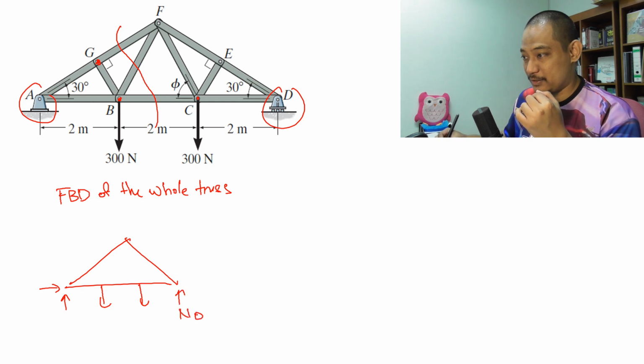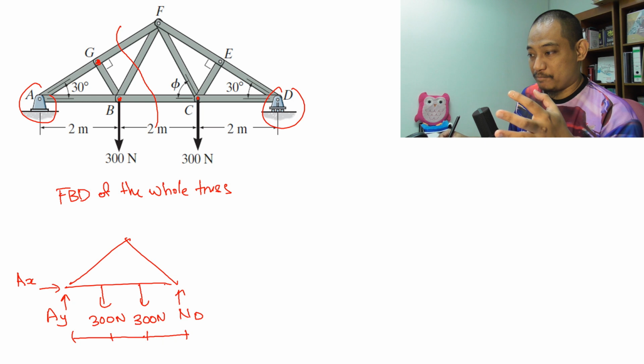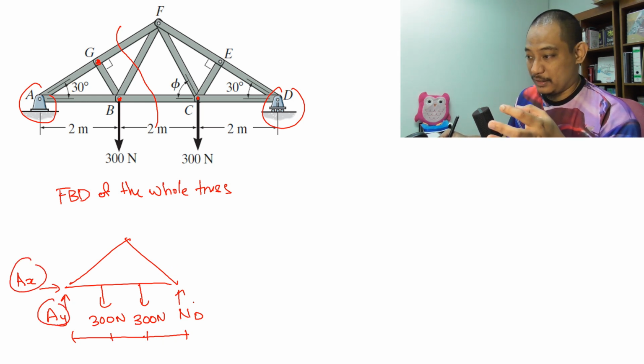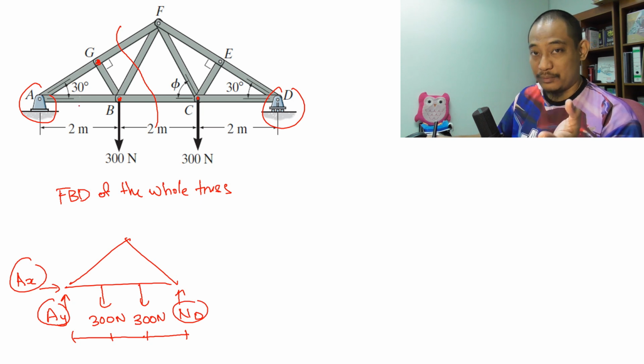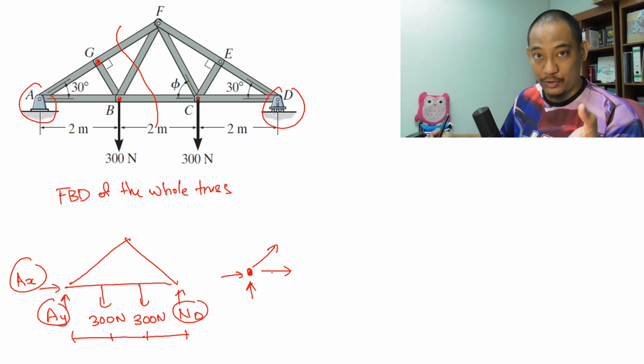So for example, AX, AY, and then you have 300 Newton, and then you have 300 Newton, and of course all the dimensions you have to put, right? Now from here you solve the support reactions, and then, for example if you are using the method of joints, you start from point A, so you already have AX and AY, and then you have all of this and so on, right?